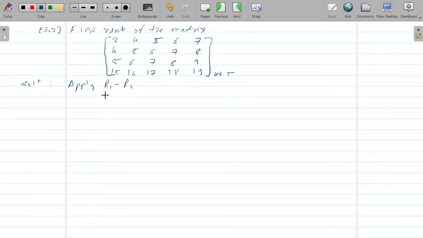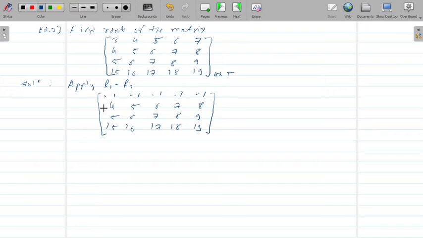So this matrix is equivalent to 3 minus 4, it is minus 1, 4 minus 5 is minus 1, and so on, minus 1 in every entry. The remaining rows are as they are: 4, 5, 6, 7, 8; 5, 6, 7, 8, 9; and the last row 15, 16, 17, 18, 19. If you want, you can apply another transformation, minus 1 times R1, but I am not going to apply this.